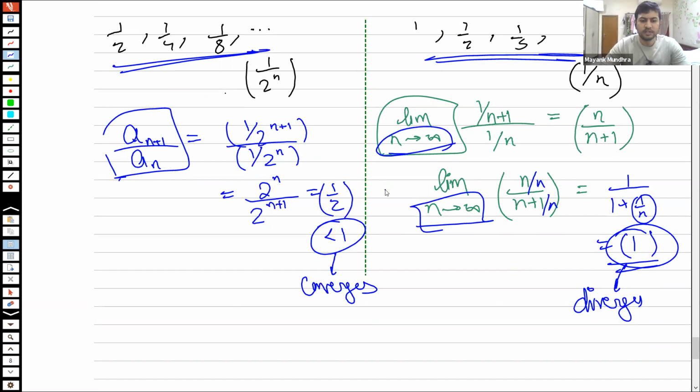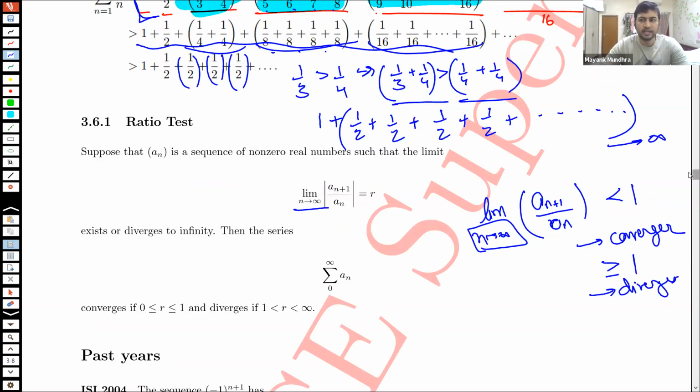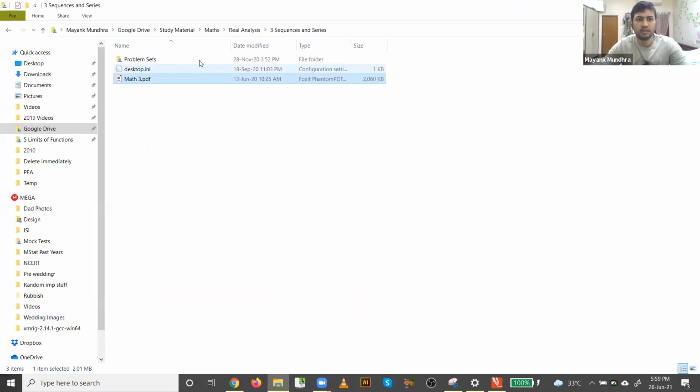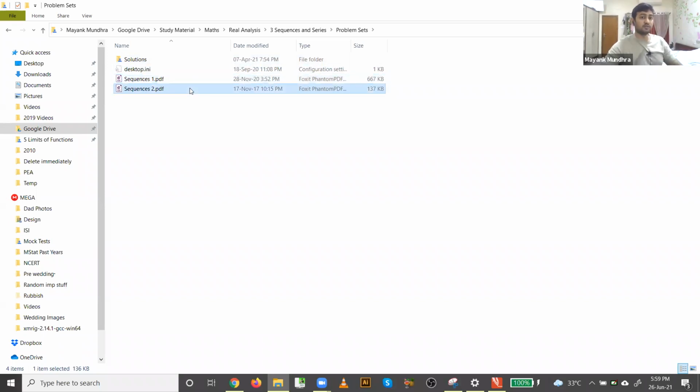Coming to problem sets, apart from everything in the text, you're supposed to do the problems given here. There are two problem sets, sequences 1 and sequences 2, and you're supposed to do both of them. I'll take a doubt session if possible in this week. For the past years' papers, I've shared them with you, so you can start going through the solutions from there.